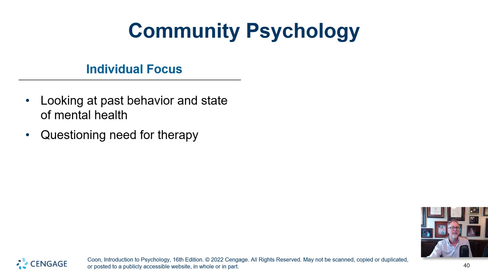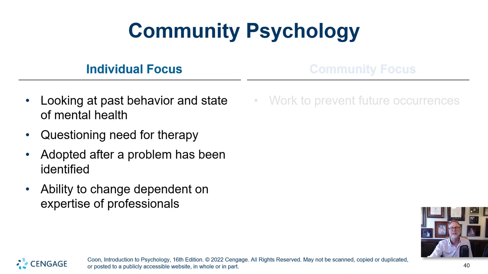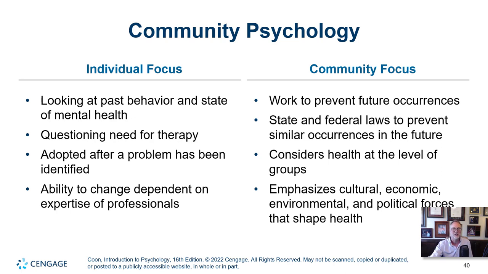That individual focus is normal psychology. When we get into that community focus, we're looking at things like the culture and the economy that are going to shape the health and well-being of the community.